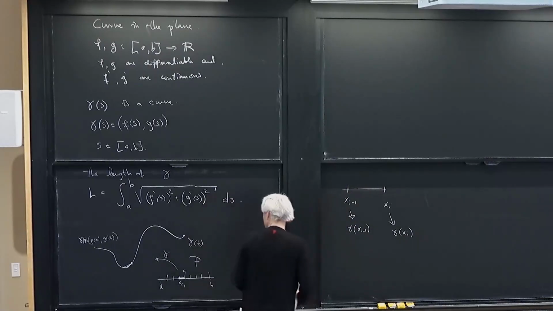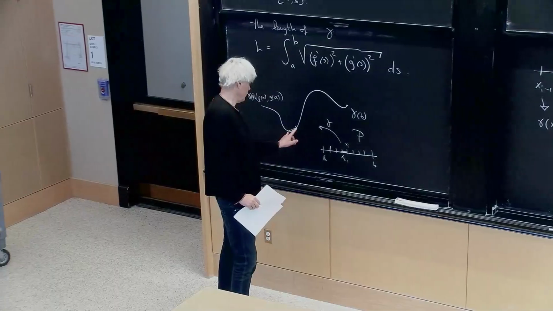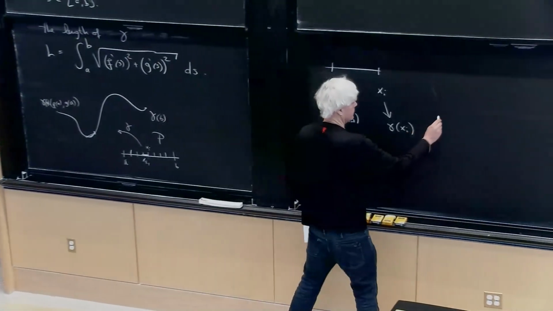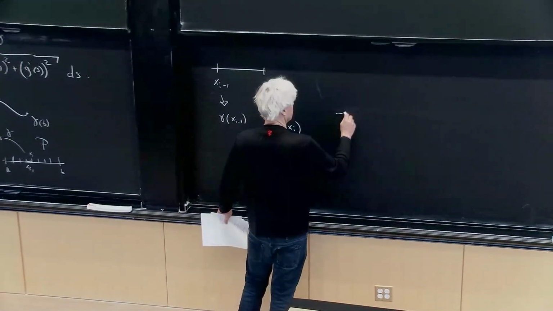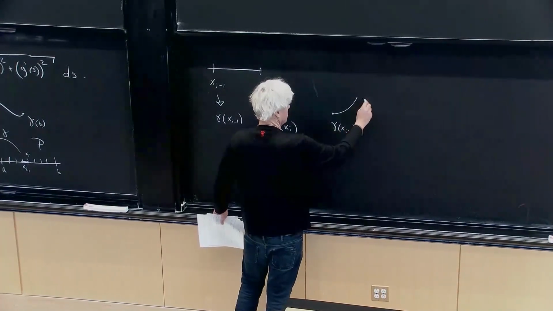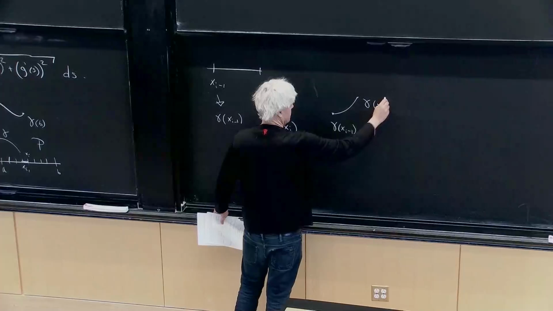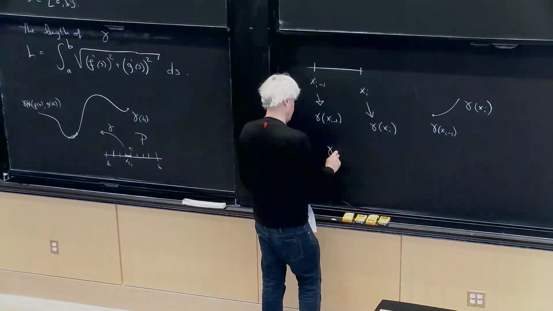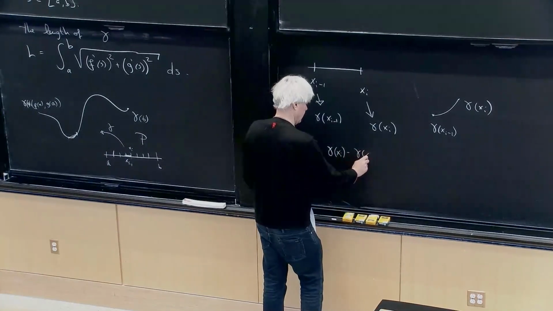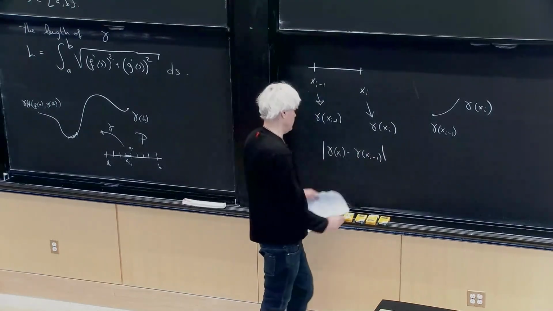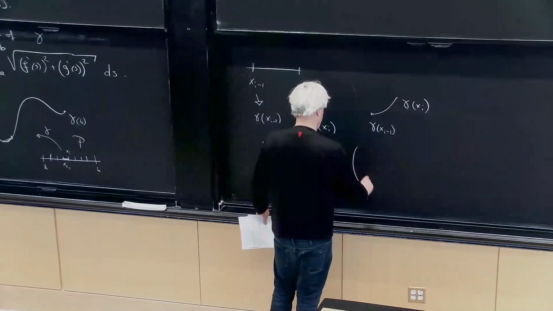And so the line segment from here to here, the length of this line segment, if this point here is gamma of x_{i-1}, and this is gamma of x_i, then the length is the length of the vector gamma of x_i minus gamma of x_{i-1}.